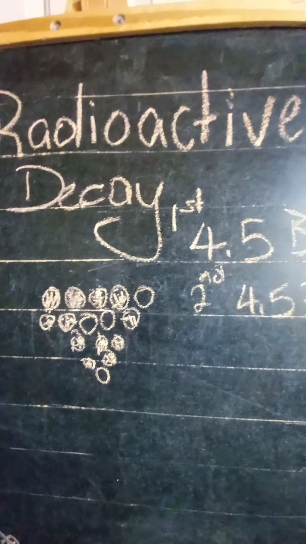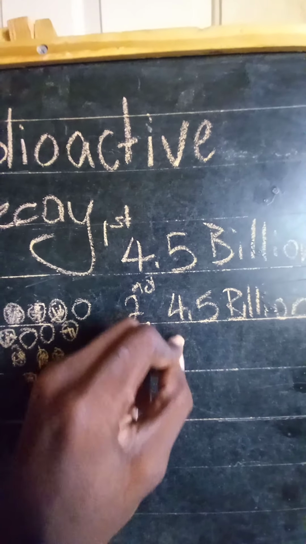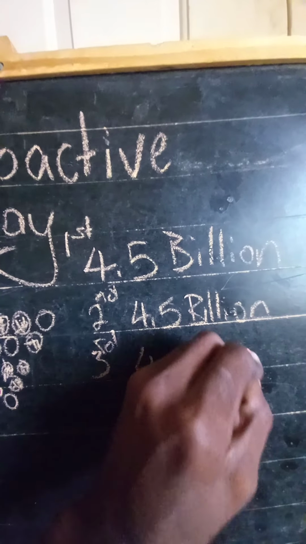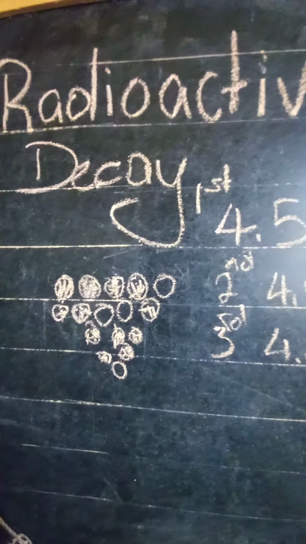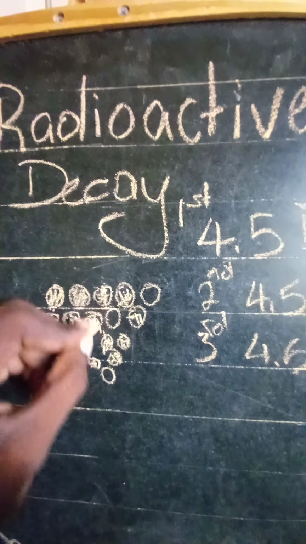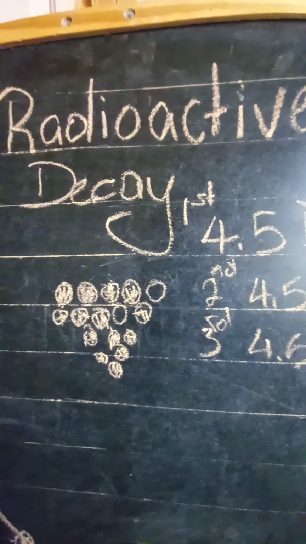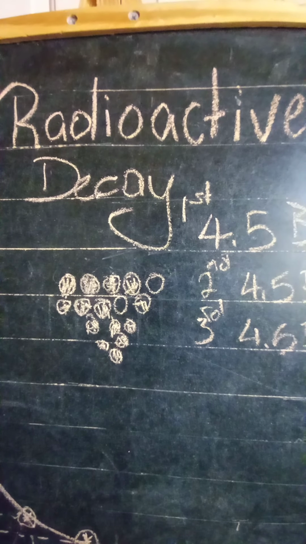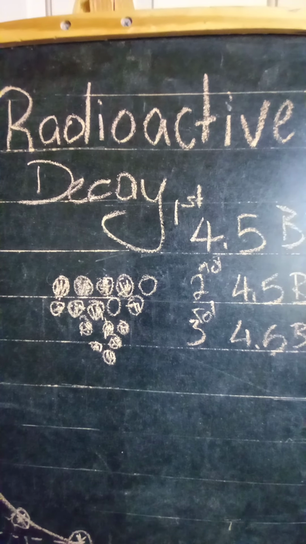Now, this will continue if we should have a third half-life, 4.5 billion years again. And I believe we are somewhere around 13.5 billion years by now. Half of this 4, which is 2, will randomly decay. And this will continue until we have no more of the radioactive substance.